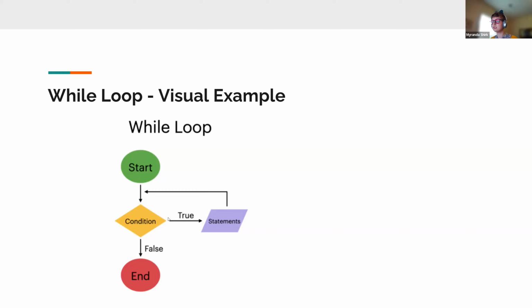If A is equal to true, then we run the statements that we put inside of our loop. We finish all of those, and then we go back to the start of the loop. It's going to evaluate that condition again. If it's still true, statements happen, and then it'll go on doing this until that condition becomes false. And then once that condition is false, the loop has ended, and it just continues on down the Python file as we've seen before.